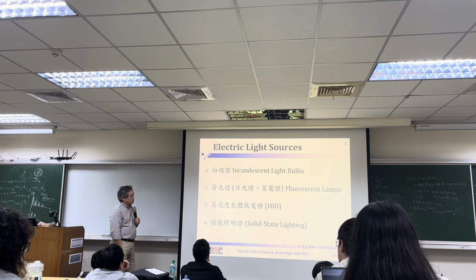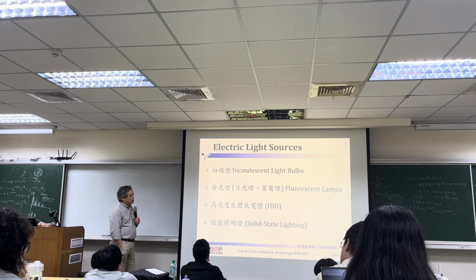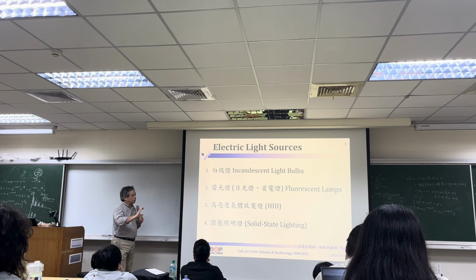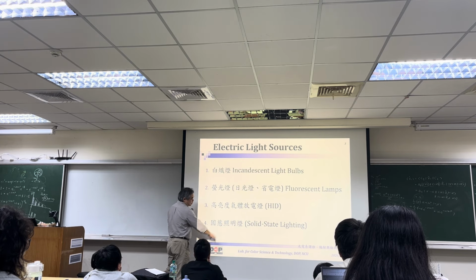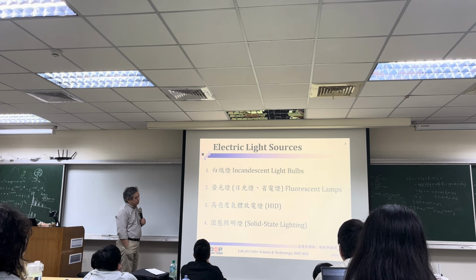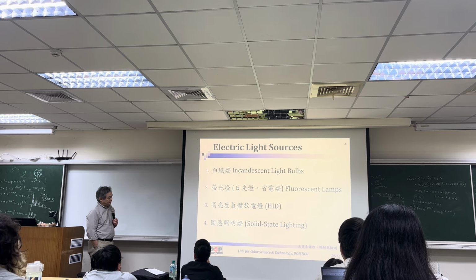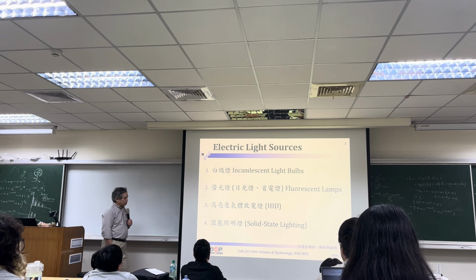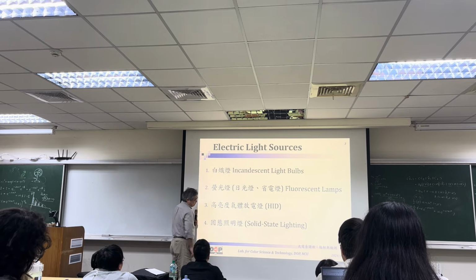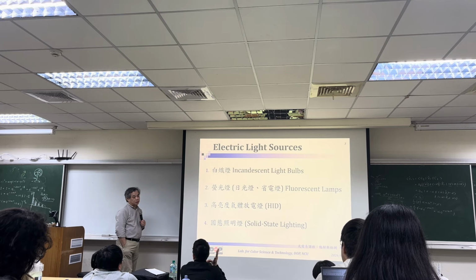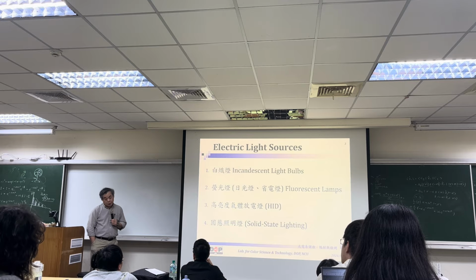And for the car lamp, the front lamp for the car, we use HID, high intensity discharge lamp. Right now, the light sources are made by solid state lighting, LED.